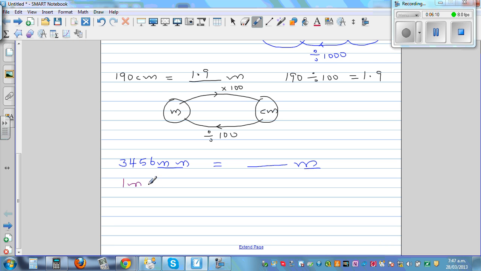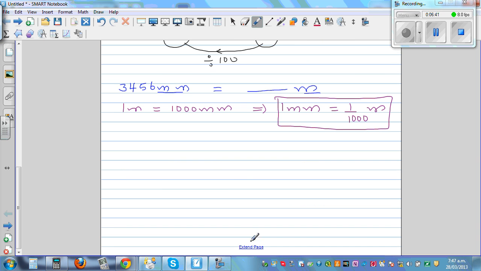You should know 1 meter is 1,000 millimeters. Milli stands for 1,000th. So 1 millimeter is 1,000th of a meter. This is what milli stands for.